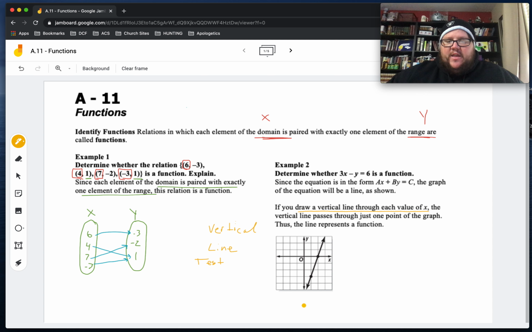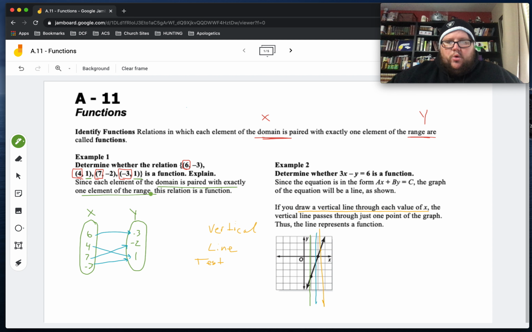So if you see this line, it keeps going. I draw a vertical line here, it only goes through one point. If I draw another vertical line, all throughout here I can draw vertical lines and it's only going through one point.